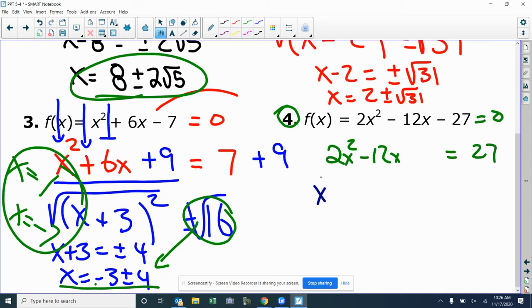Divide everything by 2, you're going to get x squared minus 6x equals 27 over 2. That's the only hard part of this one, when we have to figure out what to add over there. Middle term 6, half would be what? Squaring it? Okay, so we have to add 9 to both sides.